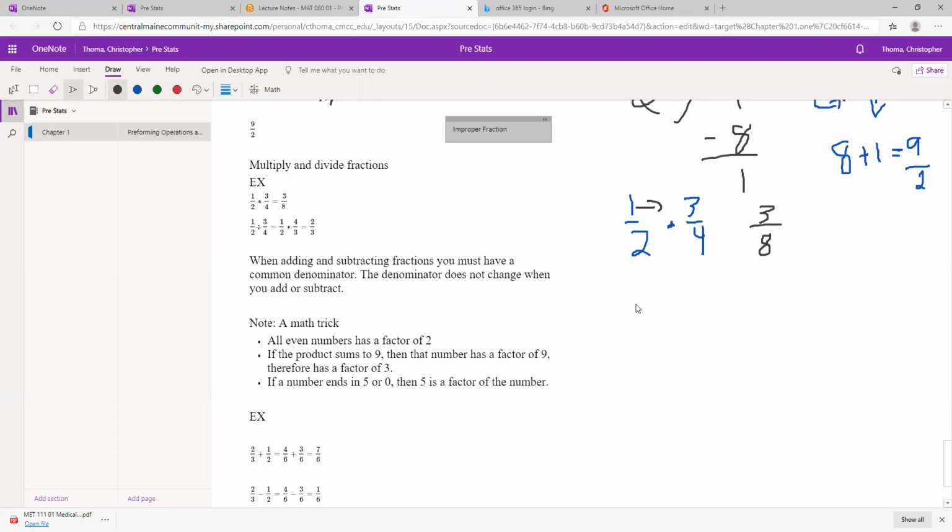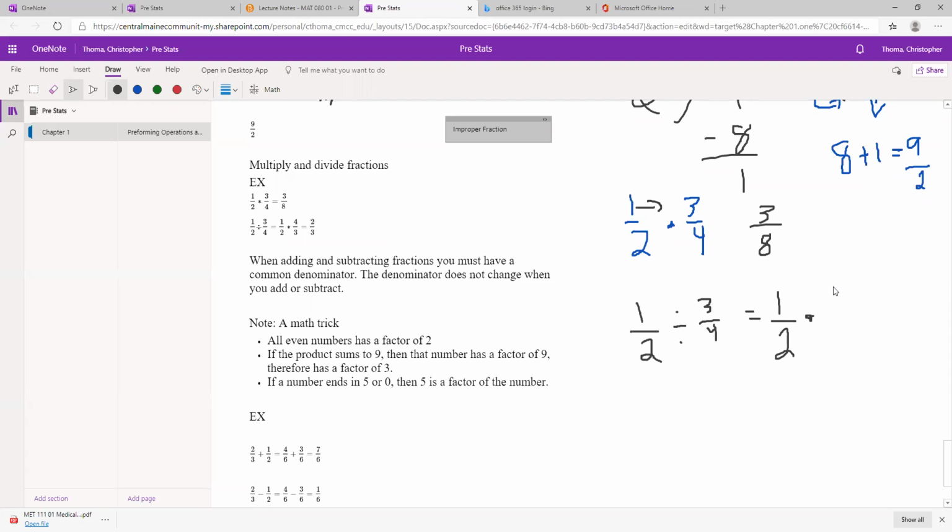If we divide fractions, so if I do 1/2 divided by 3/4, you rewrite it. You keep the first fraction, you change the divide into a multiply, and you flip the second fraction.